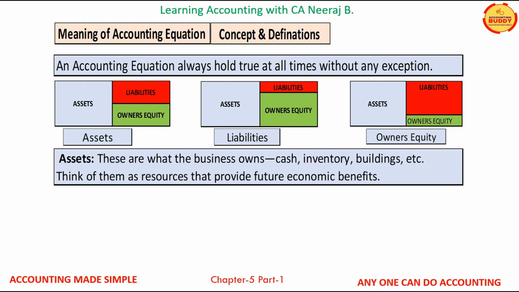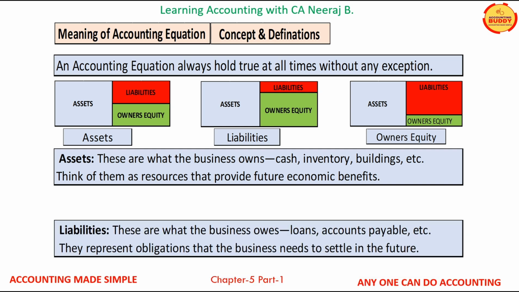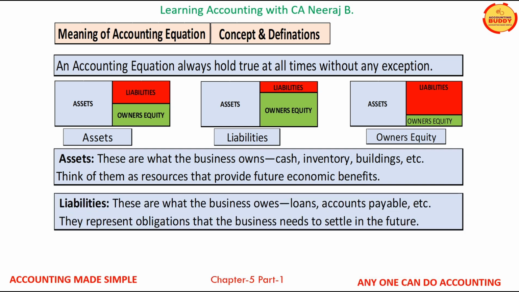First, assets. Assets are what business owns and control, like cash, inventory, building, etc. These are properties and resources that provide present and future economic benefits to the business. Now liabilities. Liabilities are what business owes to the outsiders. Loans, accounts payable are some of the examples of liabilities.